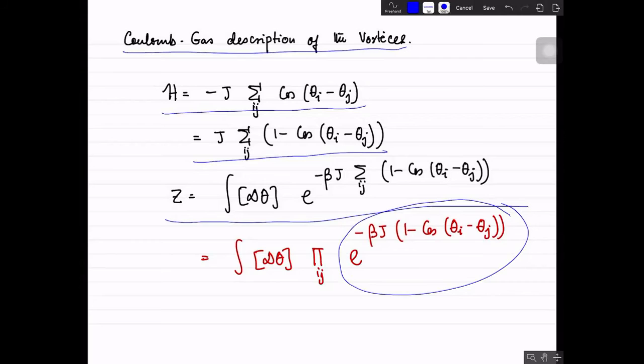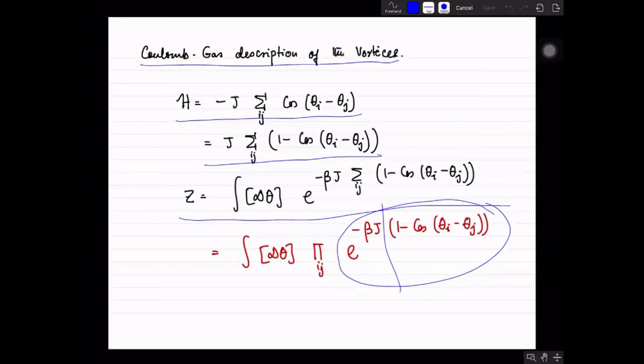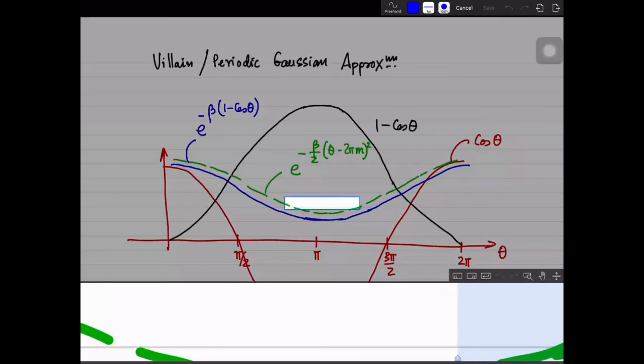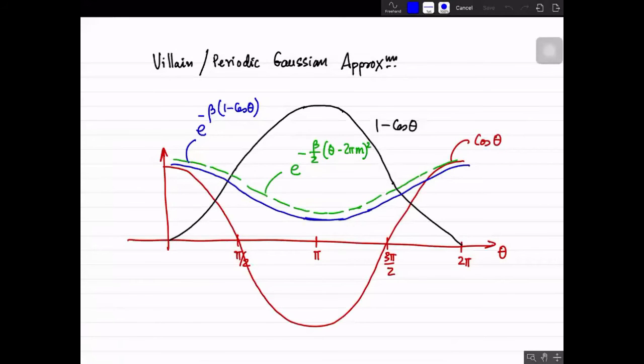So if I draw this function, 1 minus cosine theta, with theta from 0 to 2 pi, the red line is cosine theta and the black line is 1 minus cosine theta.